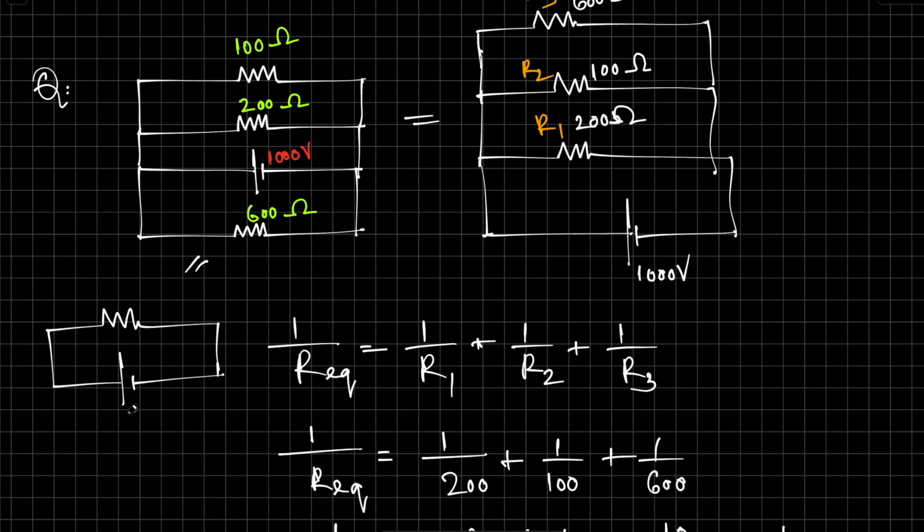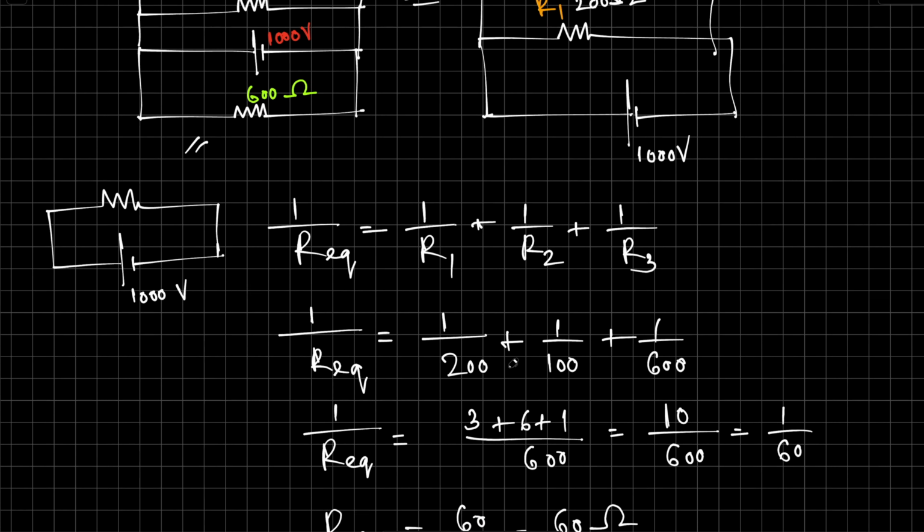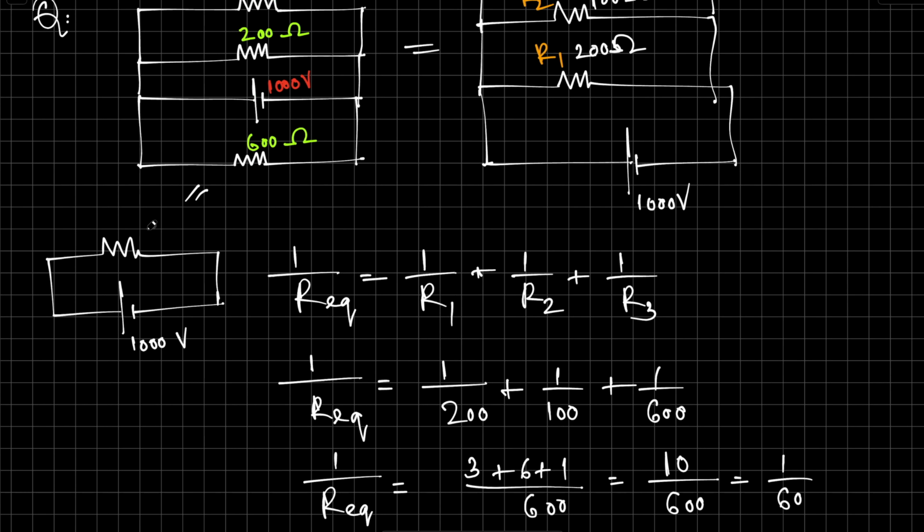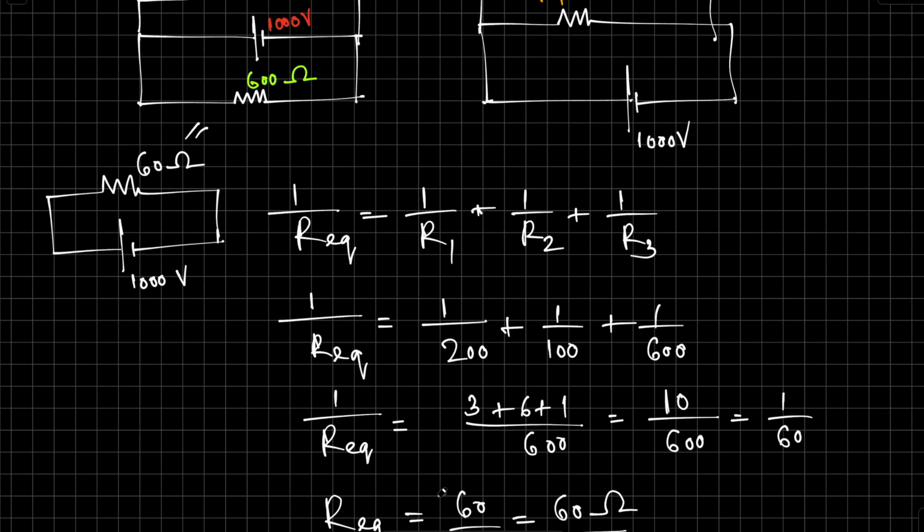I'm replacing, so we have a 1000 volt battery. I'm replacing all the three resistors with a single 60 ohm resistor, and they are equal.